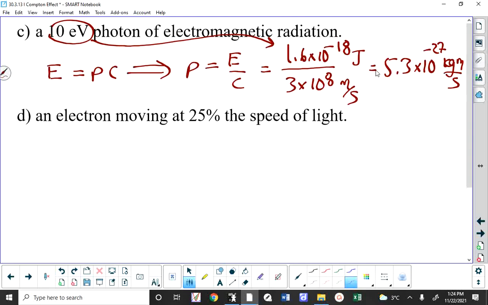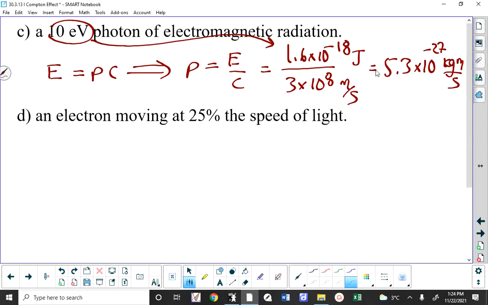D says we have an electron moving at 25% the speed of light. Well, first of all, it's an electron, which means we have to use formulas related to particles with real mass. The phrase I will use often is that an electron has real mass. A photon behaves like it has mass.